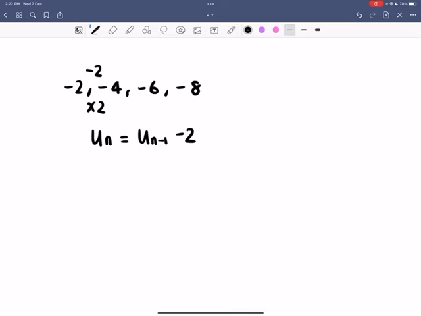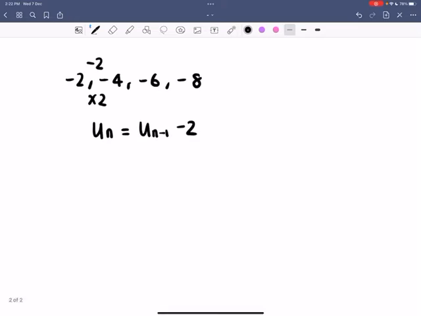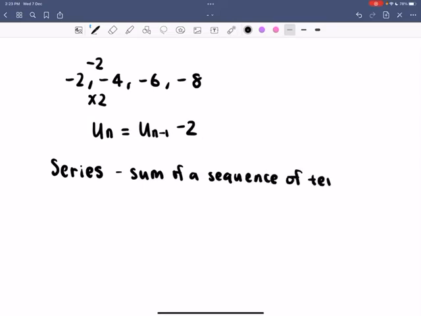So then we can finally move on to series. A series is really the sum of a sequence of terms. And you have two types.